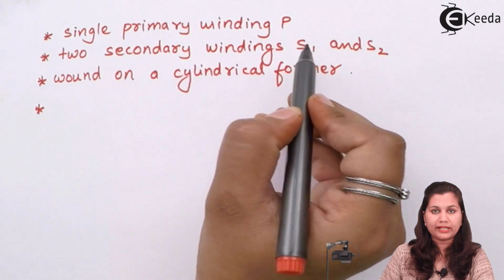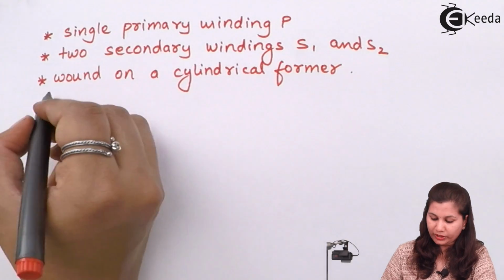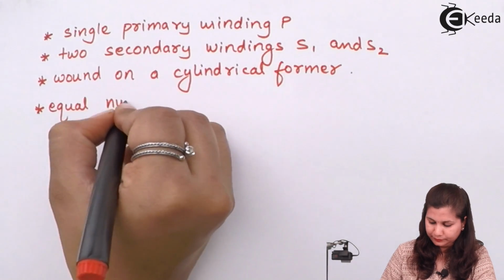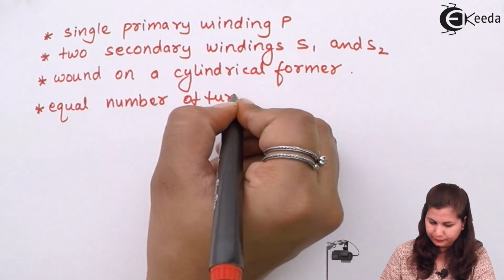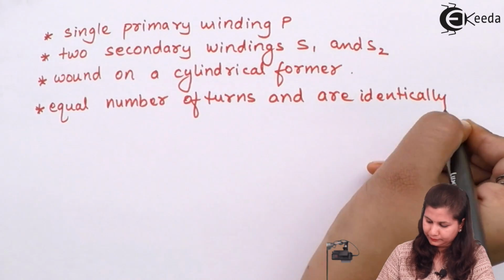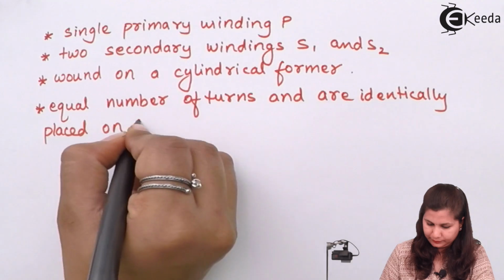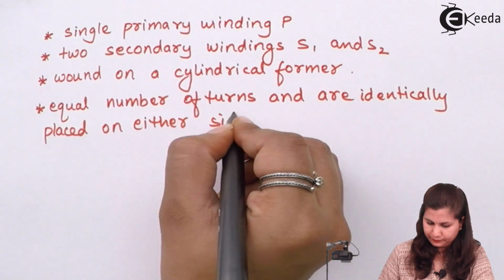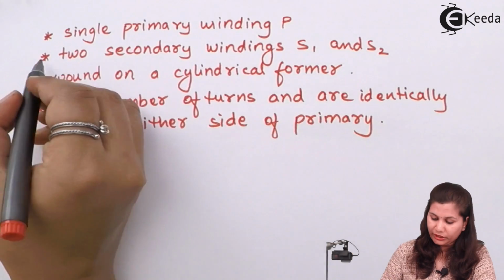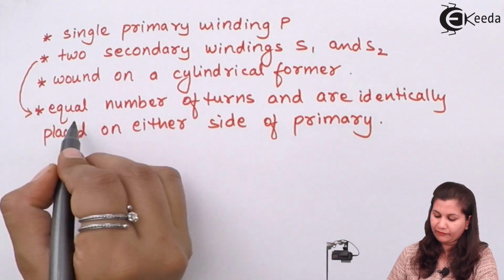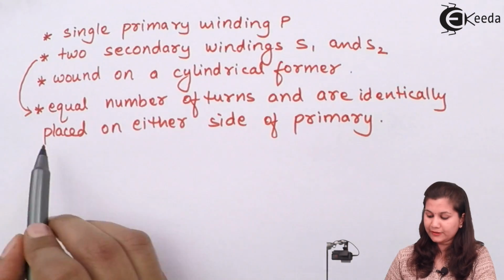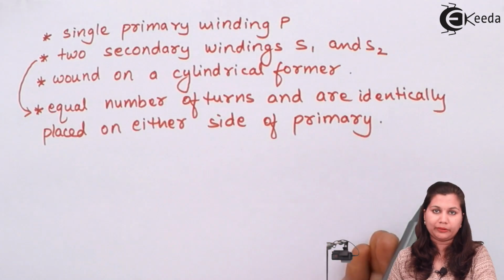Now these two secondary windings S1 and S2 have an equal number of turns, and they are identically placed on either side of the primary winding.